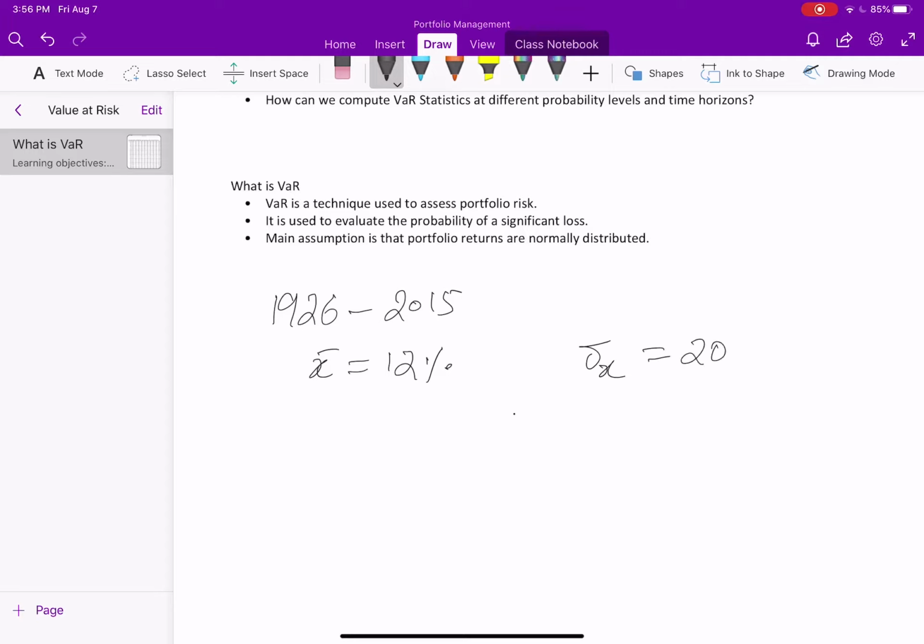This is the average annual standard deviation. Both are on an annualized basis.